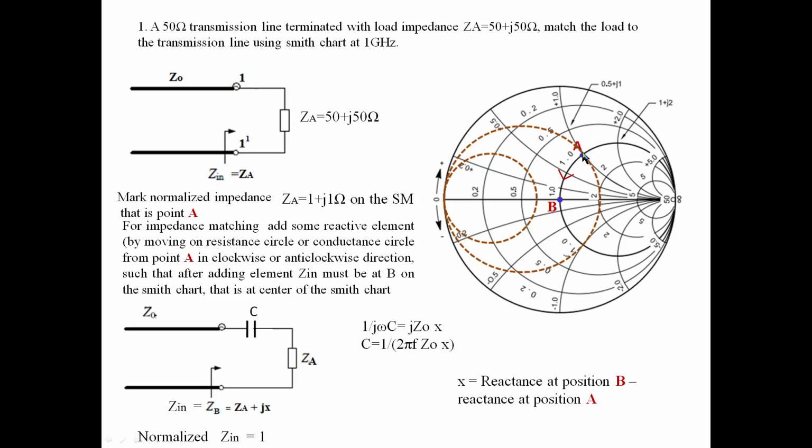Our load is already on the R equal to 1 circle, but we added extra, opposite reactance, and we got an impedance match. One element is needed, because the real part is 50 ohm here. The load here has real part 1 and reactance plus 1. Real part 1 means it is 50 ohm Z0.